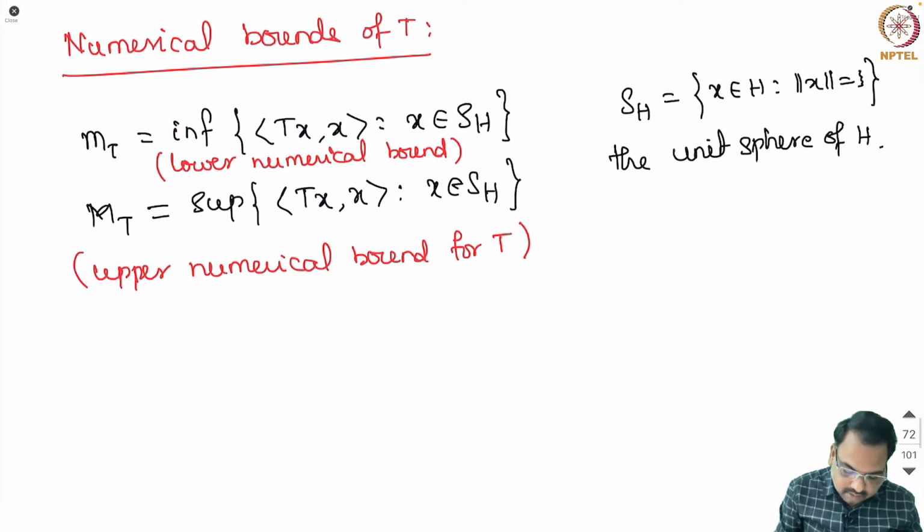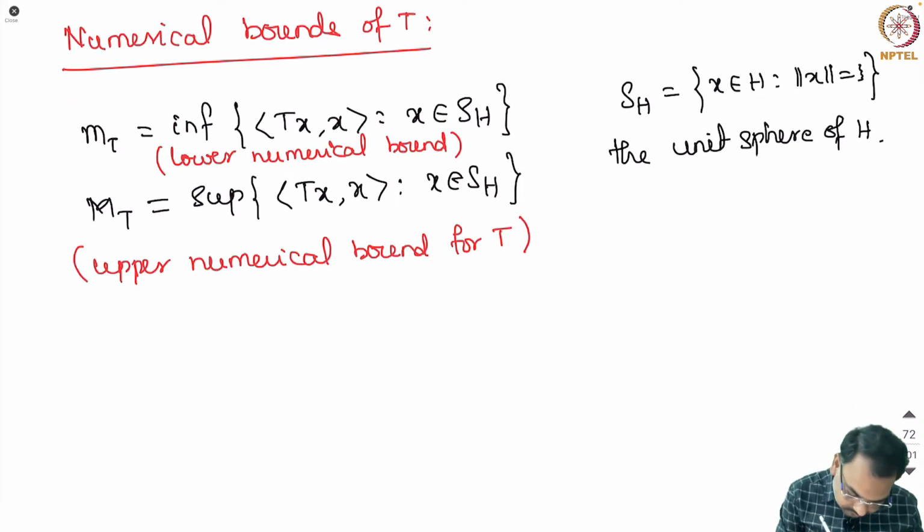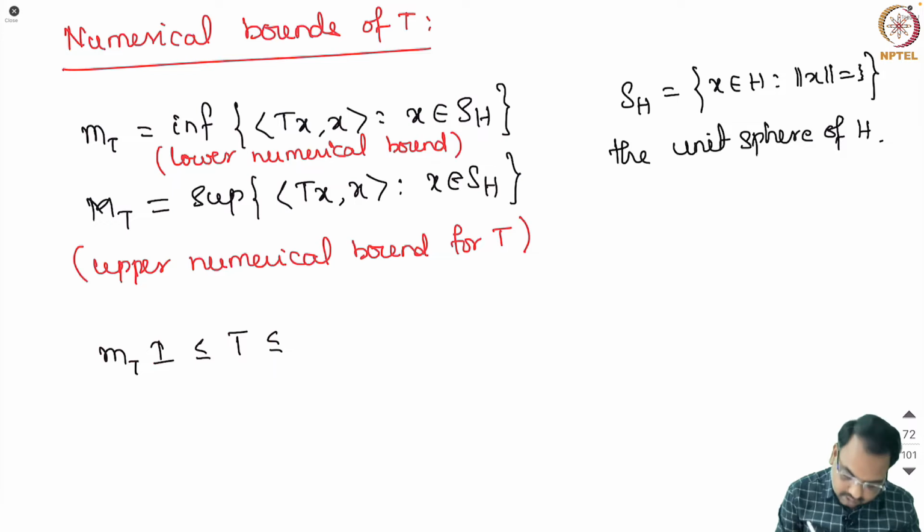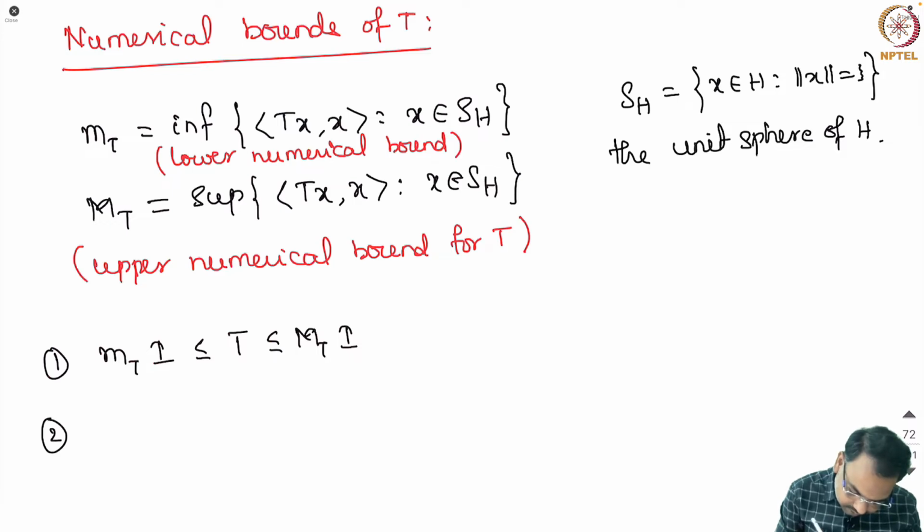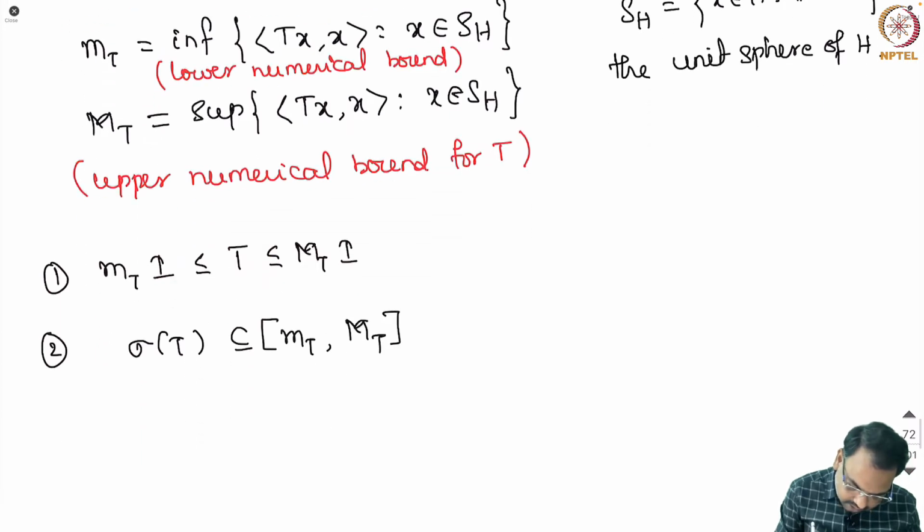Let us quickly recall the properties of these bounds. We have shown that m_T times identity is less than or equal to T, which is less than or equal to capital M_T times identity. This is one property. We have also shown that the spectrum of T is contained in the closed interval [m_T, M_T].